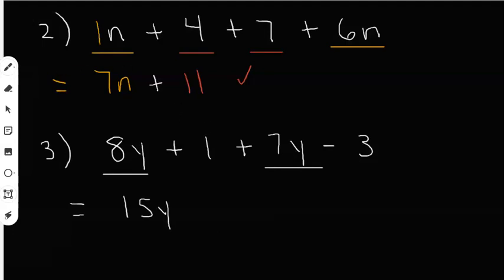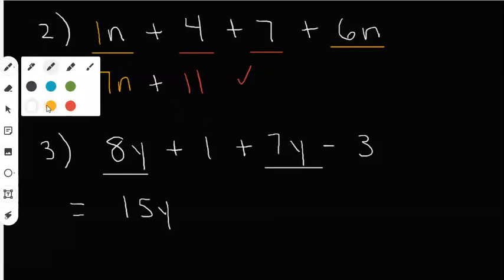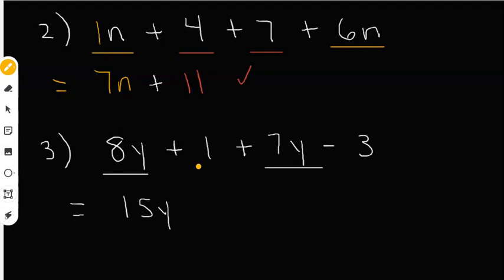So now I'm going to underline the regular numbers. So I underline the 1 and the -3. And that is a -3. What's 1 plus -3?